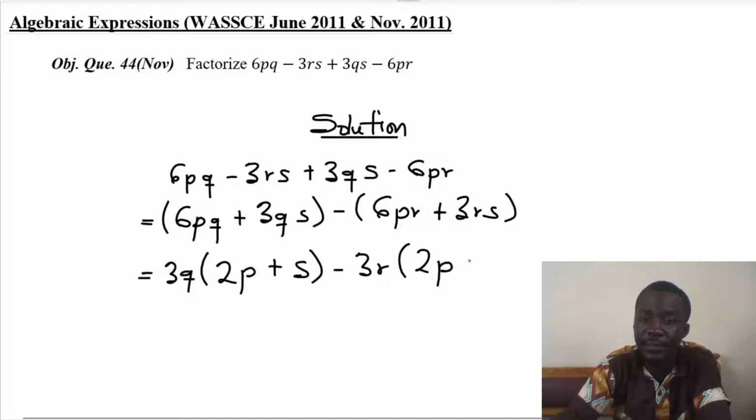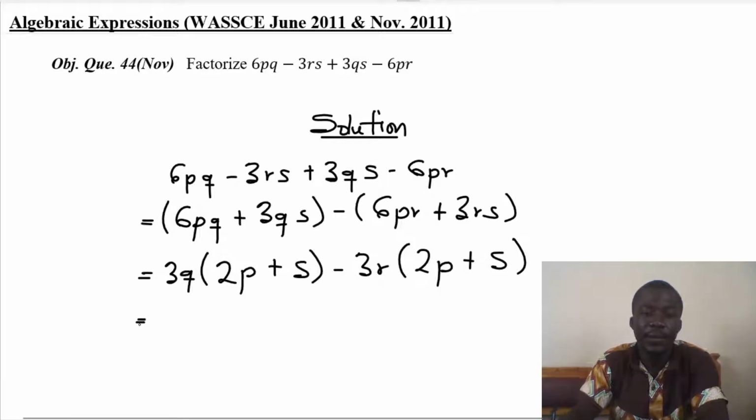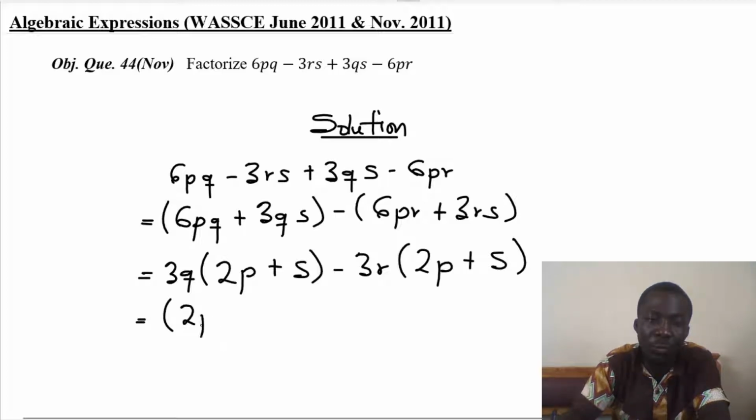So plus s. Now, since we have the contents of the brackets equal, we can factor that one out as 2p plus s. Then we'll be left with 3q minus 3r.